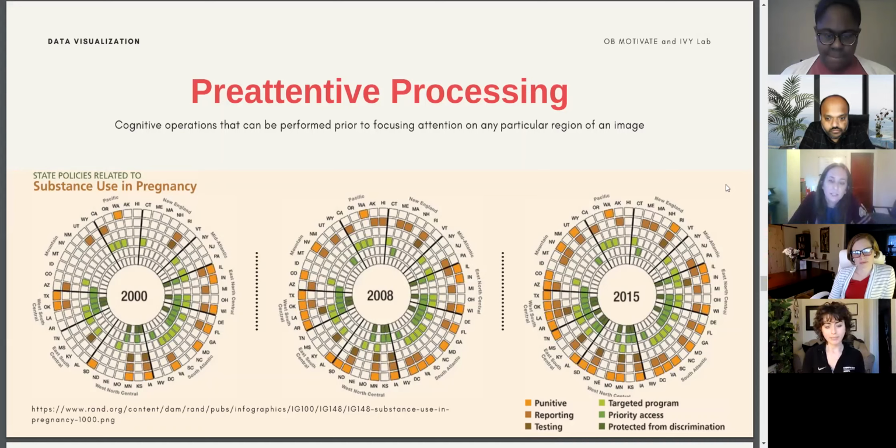So using the color in this way, it's pretty easy to tell that there's been a growth of both kinds of policies over the past 2 decades. And there's not really any geographic pattern to it. They're sort of all over the place. But the other thing that I like about this plot is they're using enclosure around each of the census regions to group the states into those regions.